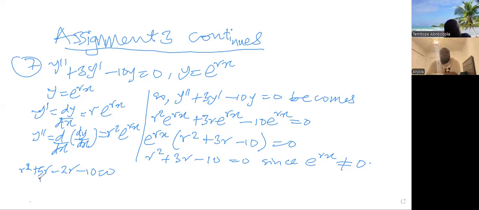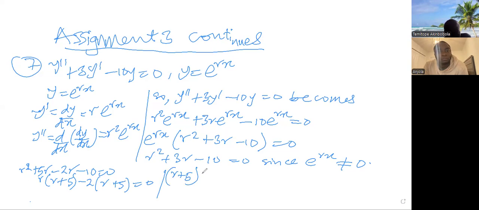So we now have r into (r plus 5) minus 2 into (r plus 5) equals 0. So you have (r plus 5) then (r minus 2) equals 0. So r equals minus 5 or 2.